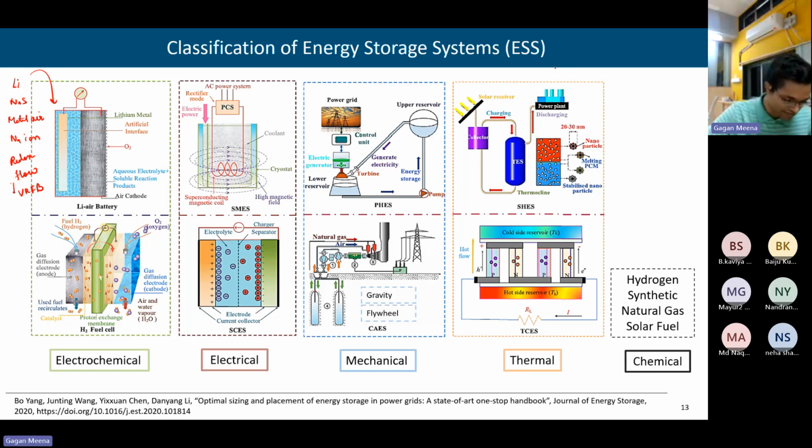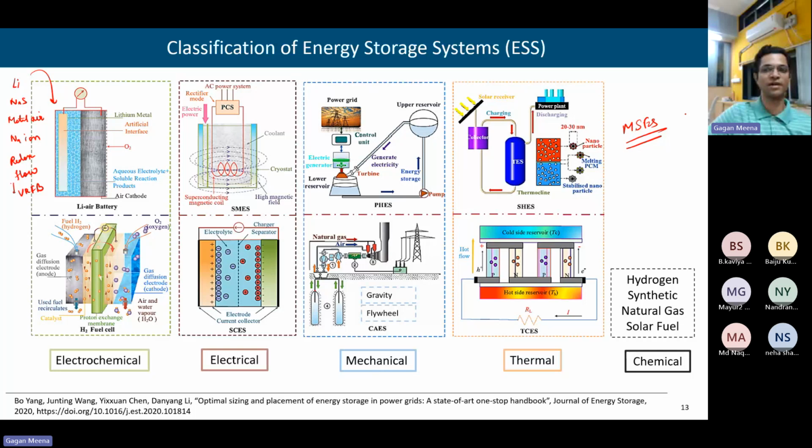So this thermal energy storage has more utility for decarbonization of industrial processes. And some technologies like molten salt energy storage can be used for grid scale energy storage also.